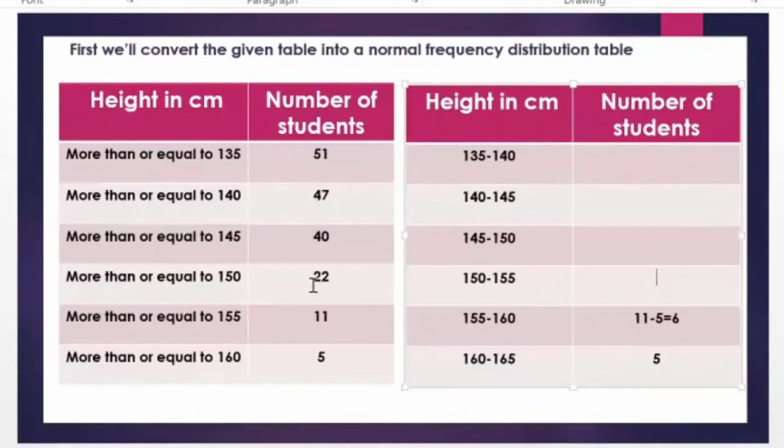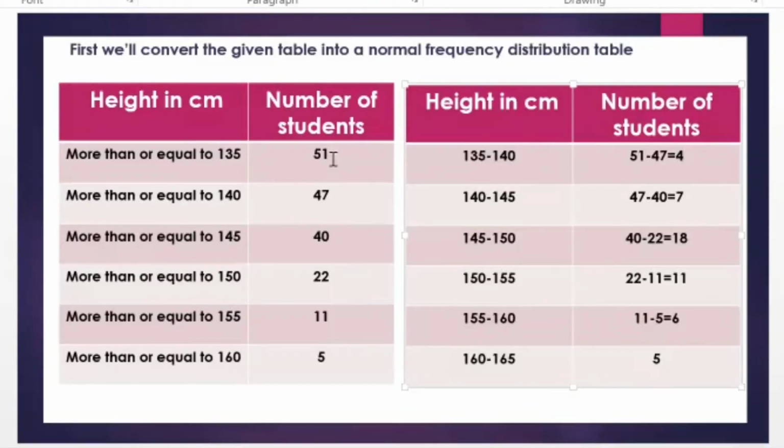That means I'll be taking the number of students here as 22 minus 11, which is equal to 11 over here. Next, I'll be getting 40 minus 22, which is equal to 18. And 47 minus 40, and lastly, what will I get? 51 minus 47, which is equal to 4.